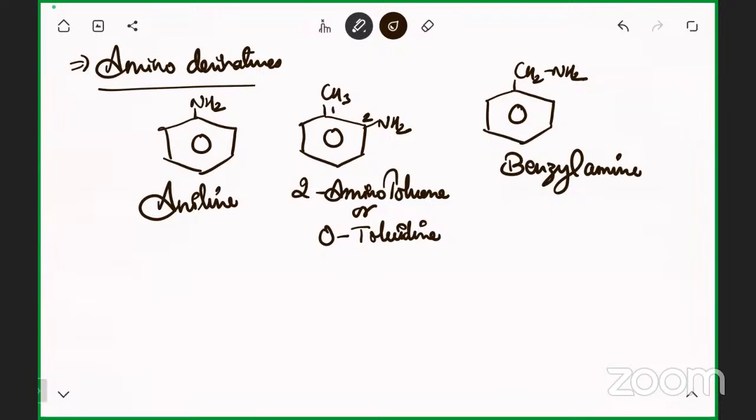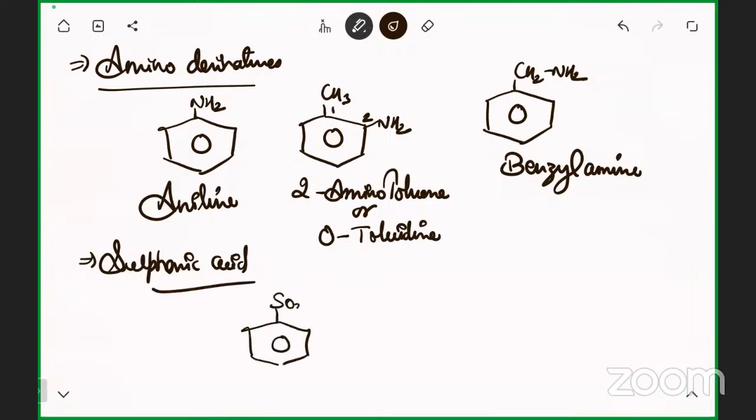Okay. Last 2. That is one you have to remember, that is sulfonic acid. What is benzene sulfonic acid? Benzene with SO3H. See, this SO3H is the biggest group. So we'll say it as benzene sulfonic acid.